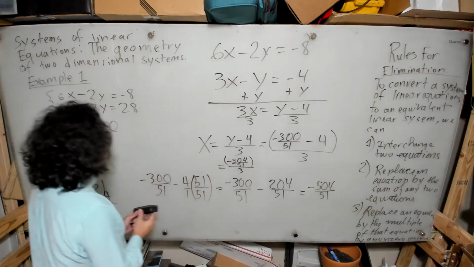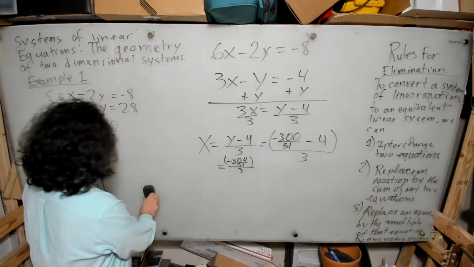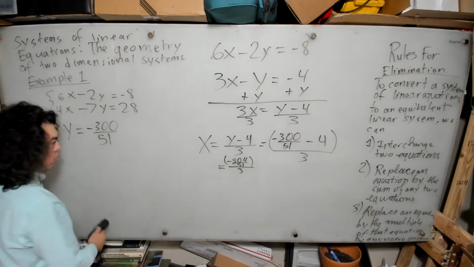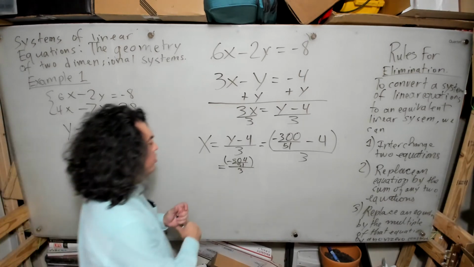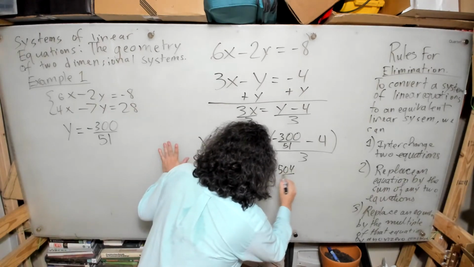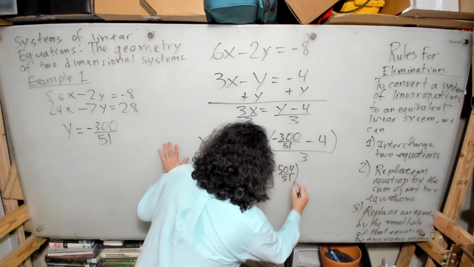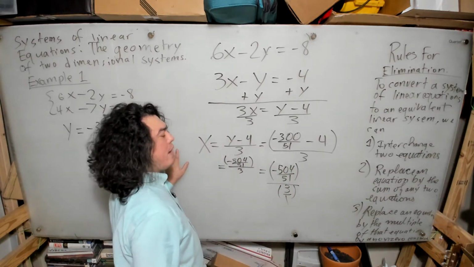Okay? So now we're going to actually perform that calculation. It's going to be a beautiful thing. We can't directly divide by the number 3 though. We must convert it into a fraction. So this is going to be negative 504 divided by 51 divided by 3 over 1. And how do I divide by a fraction? I multiply by the reciprocal.